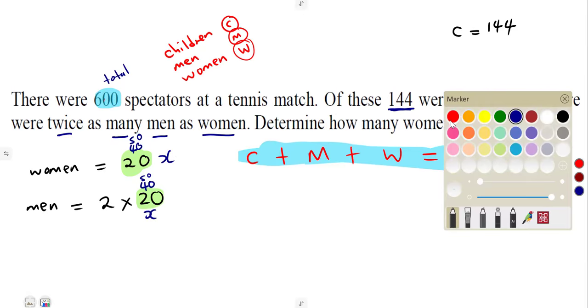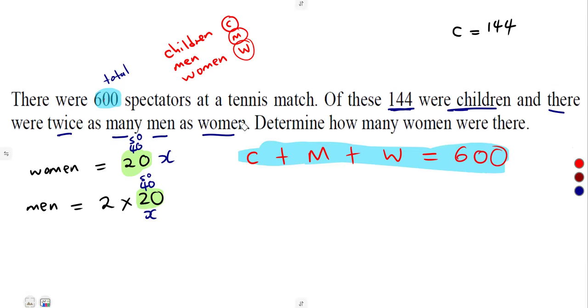So we do not know how many women there are, so we can say let women, which is our W, be represented by X. Therefore, the number of men is going to be what?